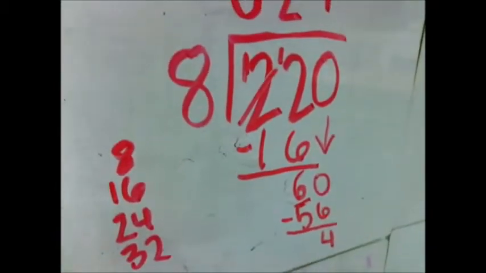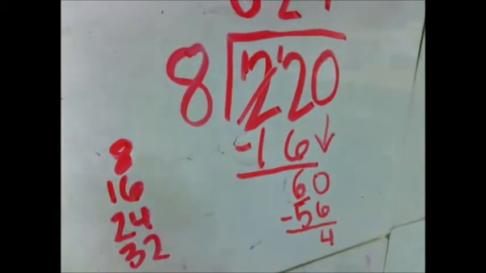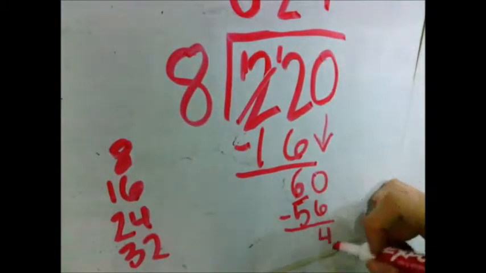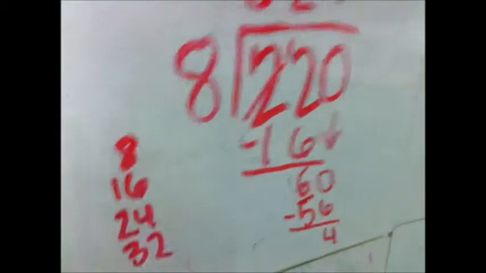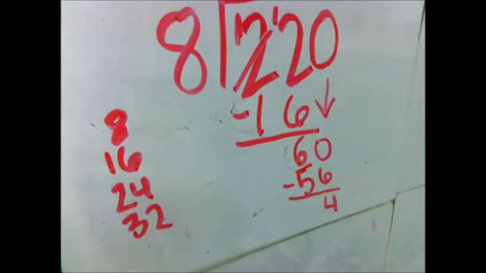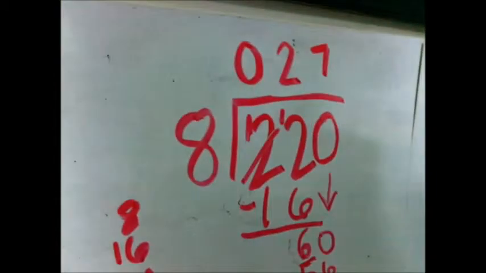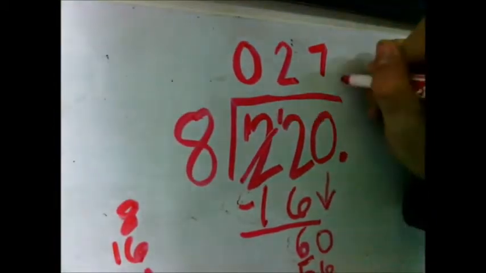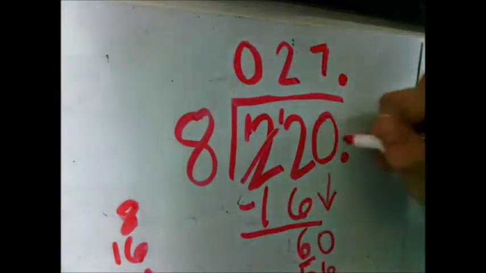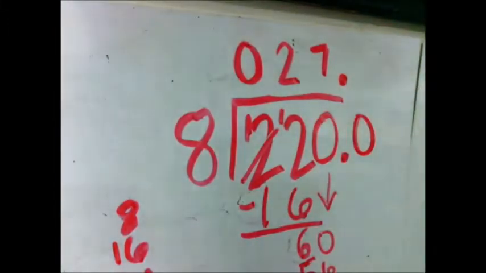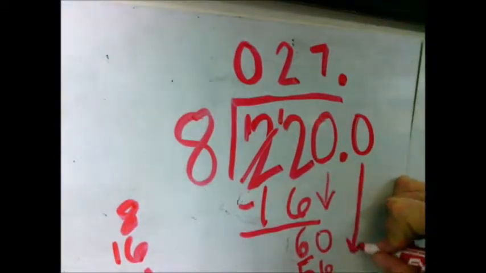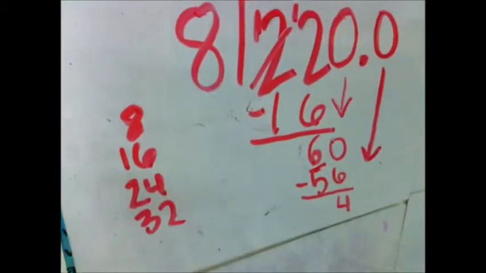But in 5th grade, we're going to do this a different way so that we get a decimal answer. So since you have a remainder, if this is not 0, if this was 0, you would be done and your answer would be 27. But we have a remainder, so what we need to do now is add a decimal point in our answer and in our dividend, and we need to add a 0 to the dividend, and we now need to drop that 0 down.